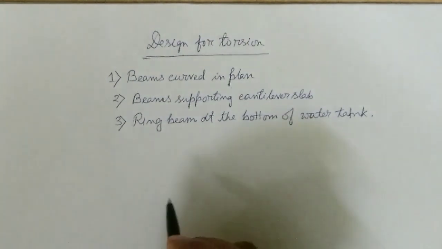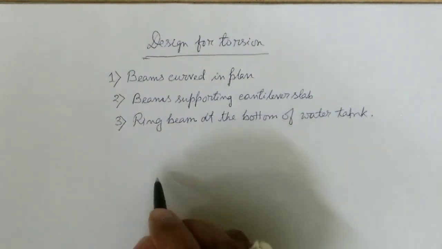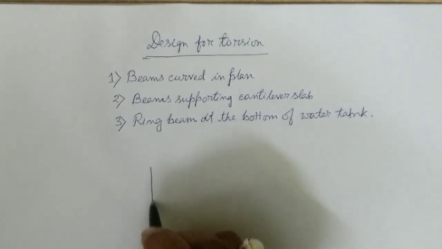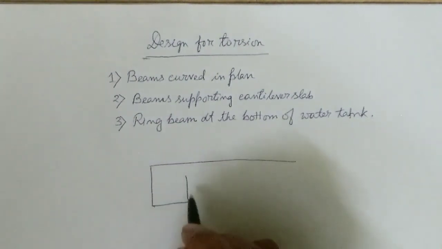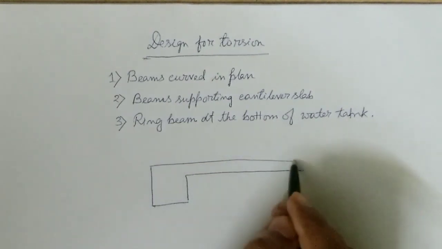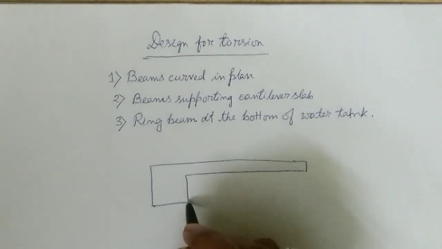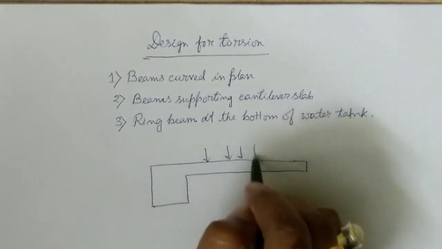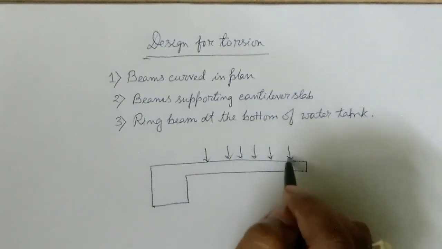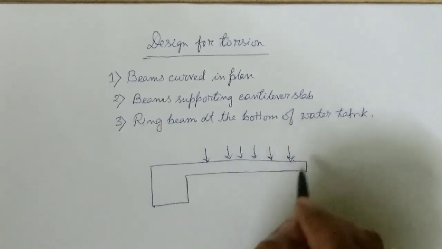If I explain one case of torsional moment, suppose I have taken one beam which is supporting one cantilever slab. The slab is subjected to some external forces which will create moment in the slab.